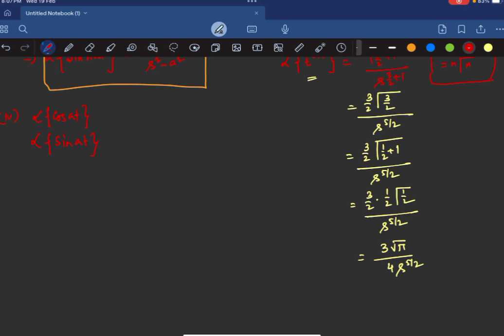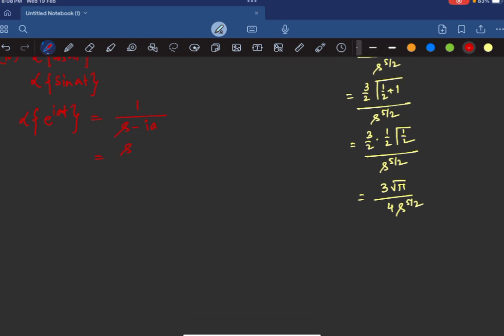You know that the Laplace transform of e^(iat), as per the previous formula for e^(at), should be 1/(s - ia). Here we can multiply the numerator as well as the denominator by the complex conjugate, so s + ia over (s - ia)(s + ia).